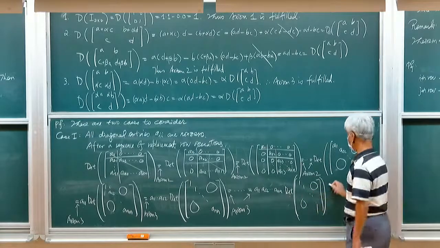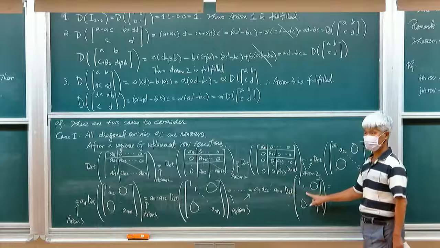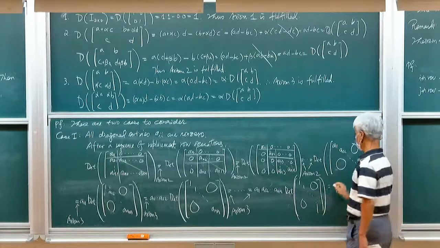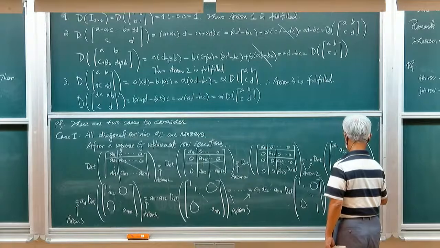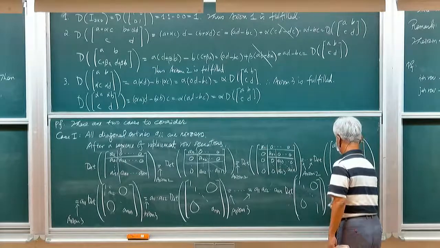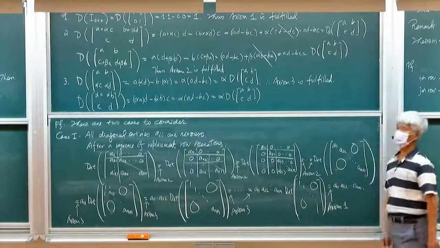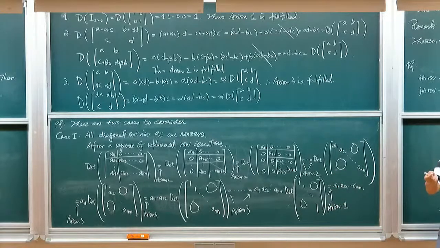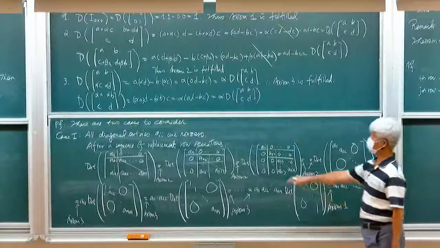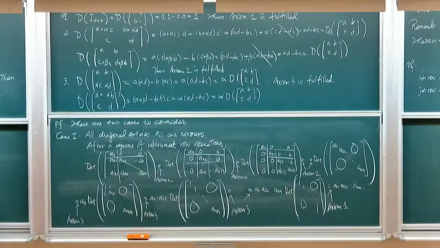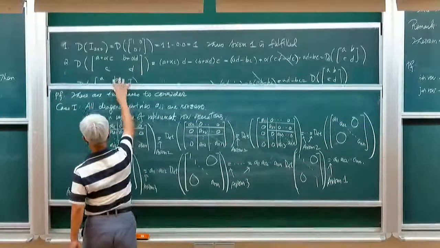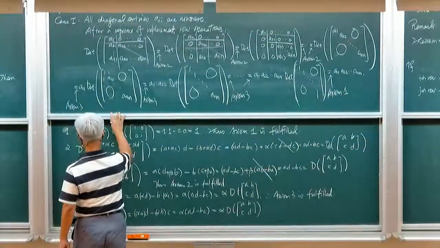So by Axiom 1, the determinant of the identity matrix is 1. So this is A11, A22, Ann, because of Axiom 1. So by using Axioms 1 to 3, we get the result we have for the lower triangular matrix. How about the upper triangular matrix?